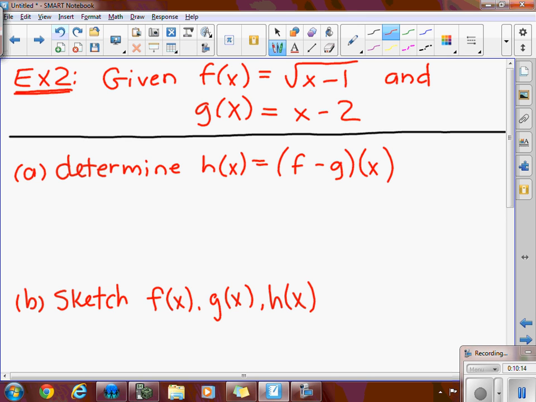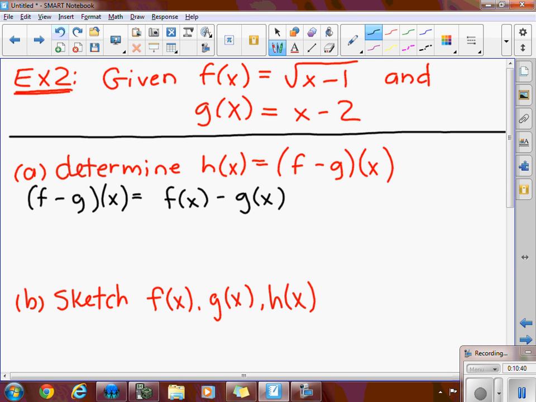Now this is going on to say, let's find a new function h of x, and it doesn't have to be h, it can be anything, but we're just using h of x. If we subtract those two functions, f minus g of x. So we're just going to, again, since it's our notes, show what's actually happening. F minus g of x is f of x minus g of x, which means you're going to have to be particularly a little bit more careful now with subtraction.